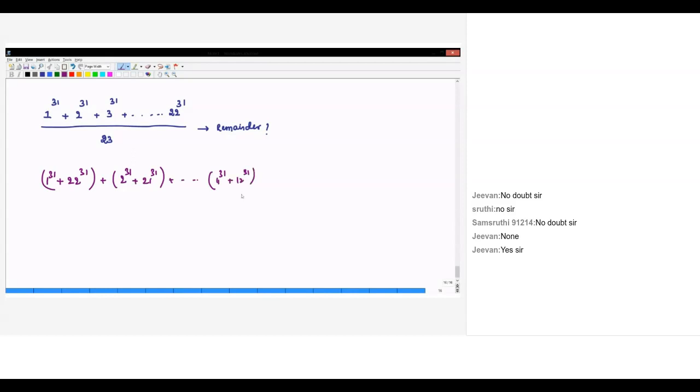Therefore, a plus b is a factor. So every pair you can write it as 23 like k1. It's a multiple of 23. This is also a multiple of 23. So on. The last one is also a multiple of 23. When you divide it by 23, from every set you get remainder 0. 0, 0, 0. What is the final remainder? Is also 0.